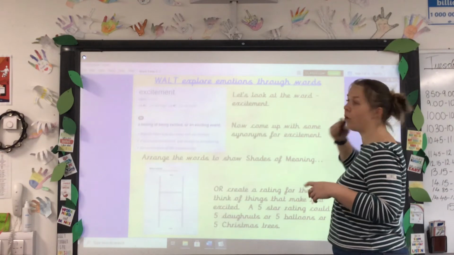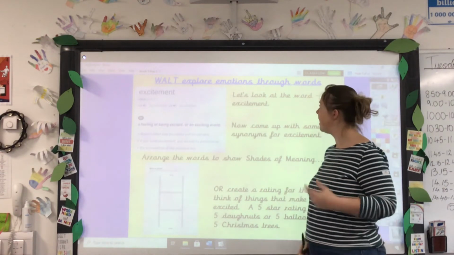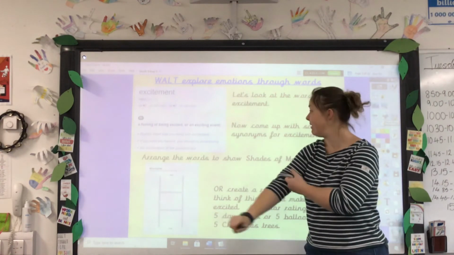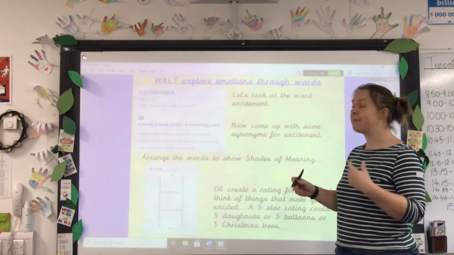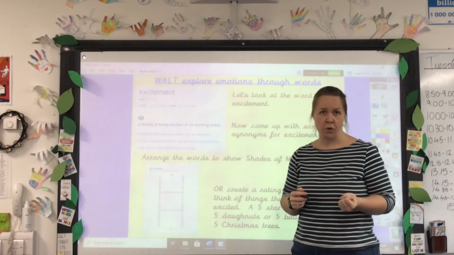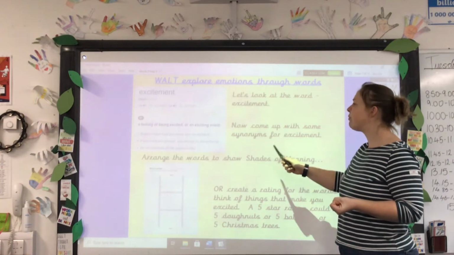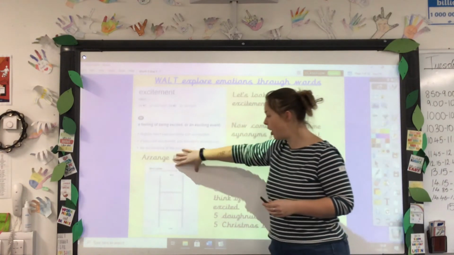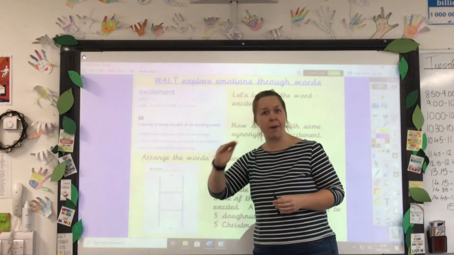So, we're going to look at the word excitement. Excitement: a feeling of being excited or an exciting event. We want you to come up with some synonyms for excitement, and arrange the words to show shades of meaning. Like we had those ladders on the previous page, we've given you a sheet like this so that you can come up with your own.